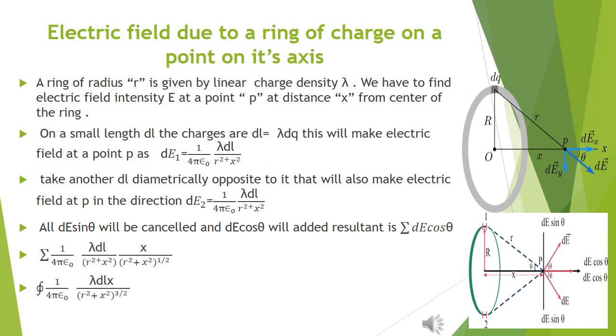If dl approaches 0 and we add all the dl, so in the closed integral for the whole circle of the ring it is 1 upon 4 pi epsilon naught lambda dl x upon (r square plus x square) to the power 3 by 2.